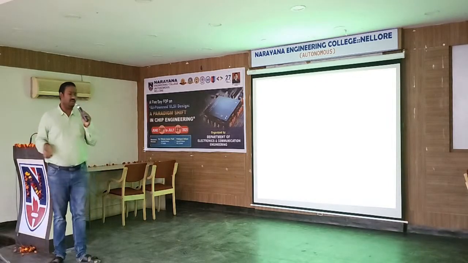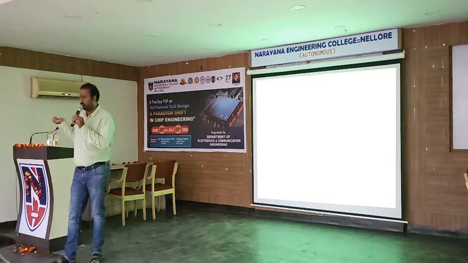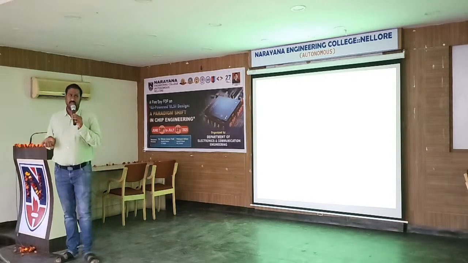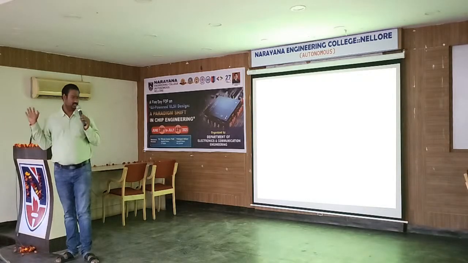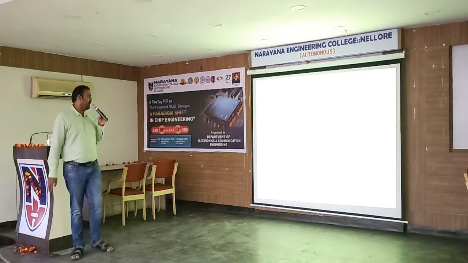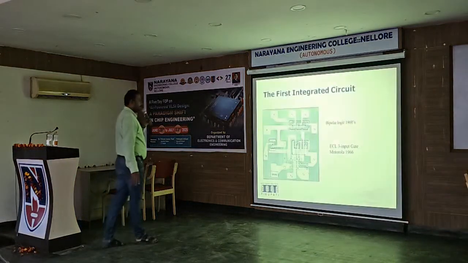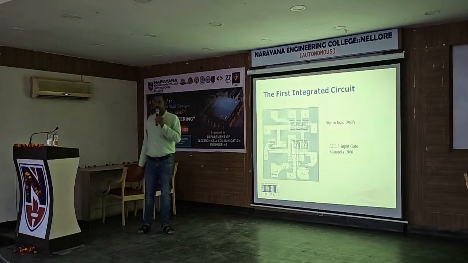So finally both companies got the patent for integrated circuits. And from this onwards, whatever small size we see, the entire IC is full of only transistors. And this is the 1960 emitter coupled logic, the first integrated circuits, which were made by Motorola.